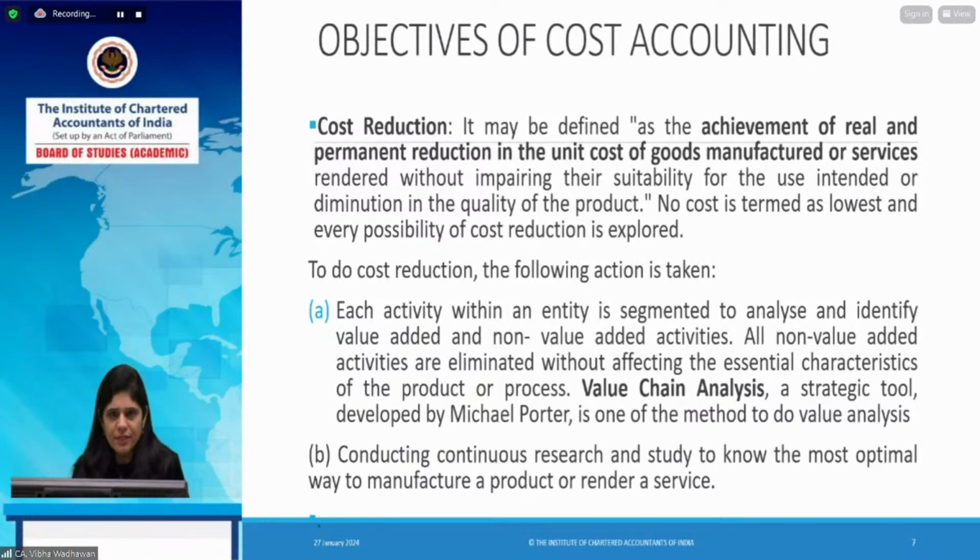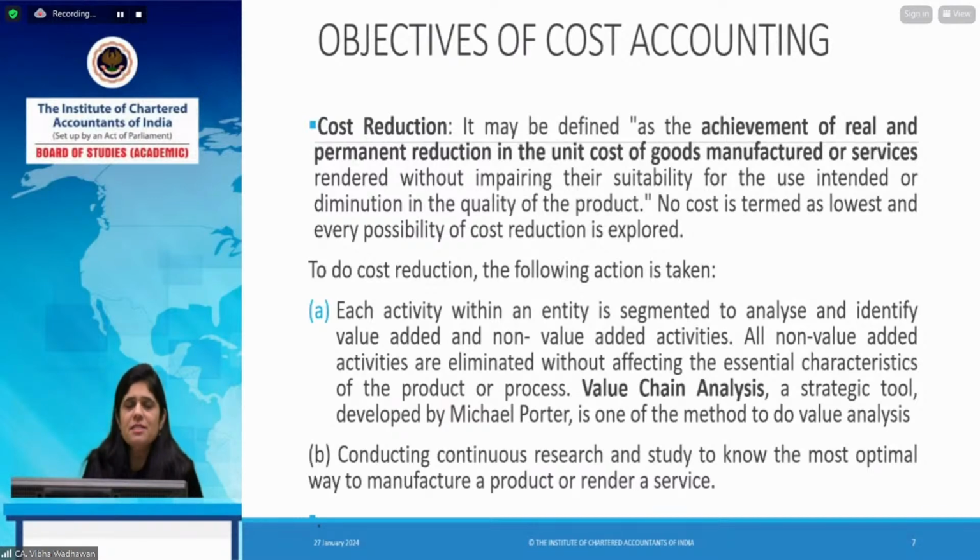Each activity is divided into value added and non-value added activities. So we know, let us say, a product passes through 10 activities. So we have to identify, we have to analyze which are the value added activities, which activities are actually important to enhance the product, to develop the product, and which activities can be eliminated without compromising the characteristics of the product.